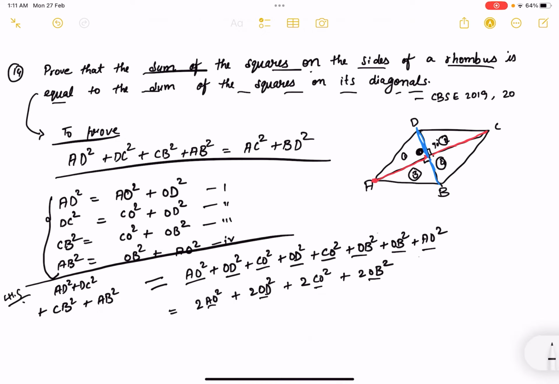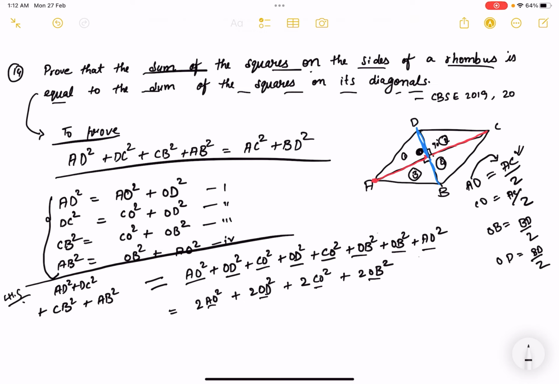So we can write AO is equal to AC upon 2, and CO is also equal to AC upon 2. Why are we writing AO as AC upon 2? Because we want AC in our final expression. Similarly, we will substitute OB is equal to BD upon 2, and OD is also equal to BD upon 2.